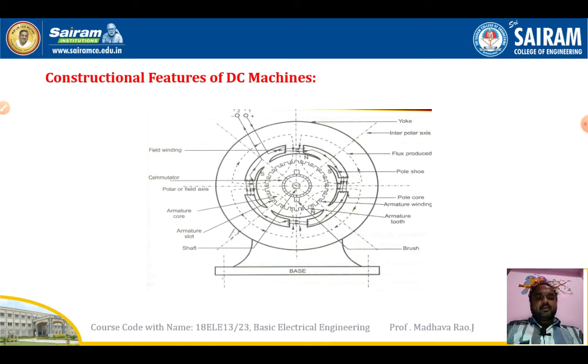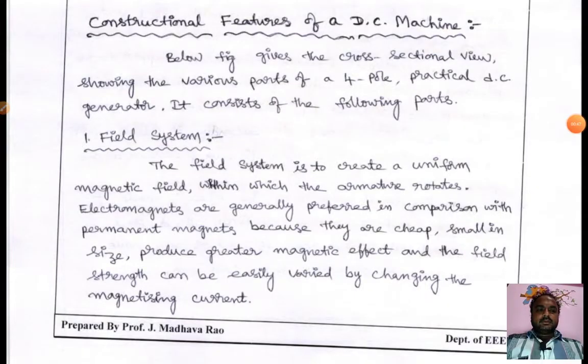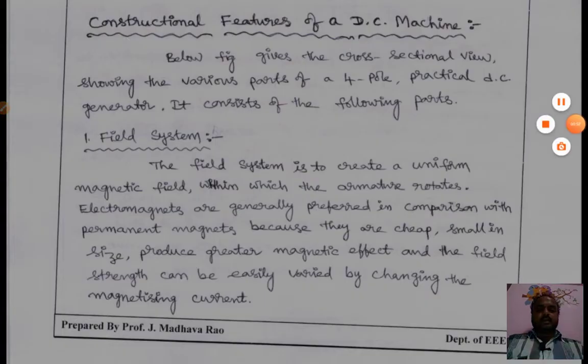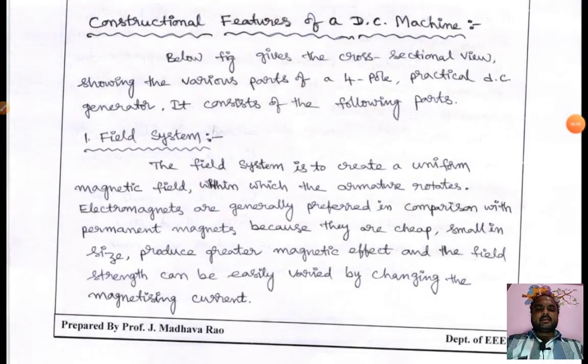Okay, so in the figure we have seen the field system, right? So we'll see what the field system function is in a DC motor. The field system is to create a uniform magnetic field within which the armature rotates.